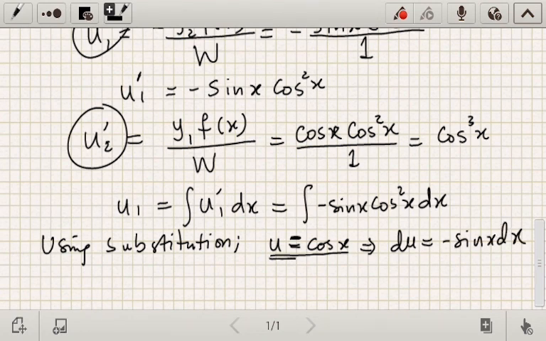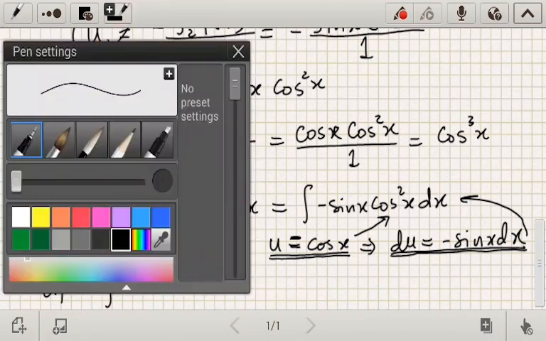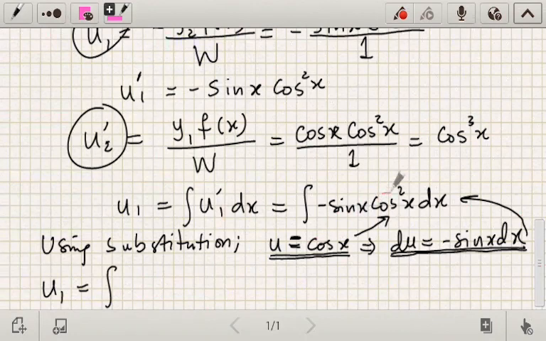Whatever we have here and whatever we have here, we just substitute these values into the equation for u1, and we get a simpler form. u1 equals the integral of, I'm going to replace cos x with u, right? And I'm going to replace minus sine x dx with du, right? So let's see what happens. We get u1 equal to the integral of u square du.